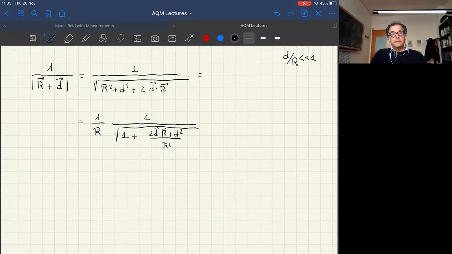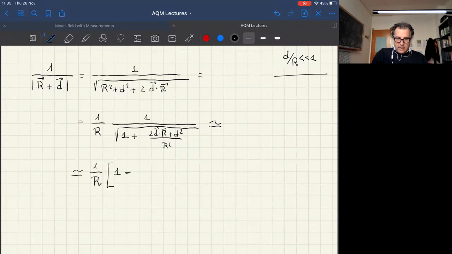Okay, and then we are going to expand. Since D over R is much smaller than 1, we just expand this. So I wait, R1 minus 1/2.